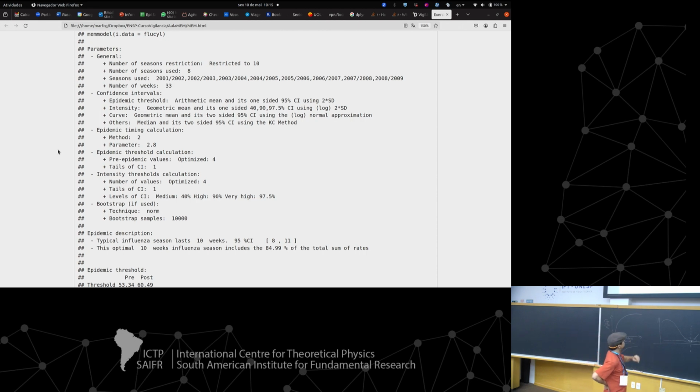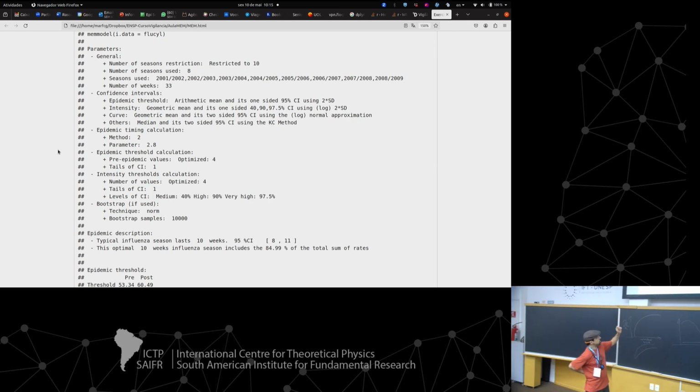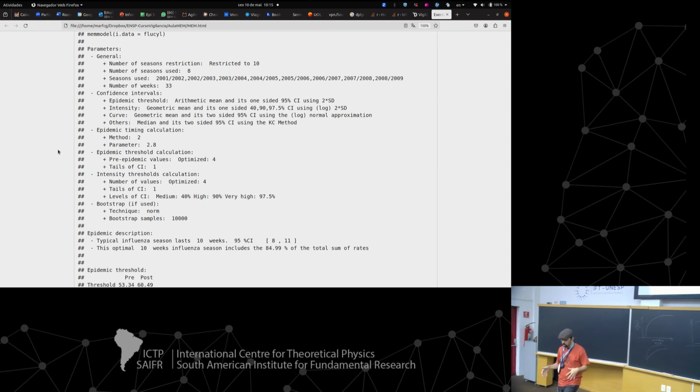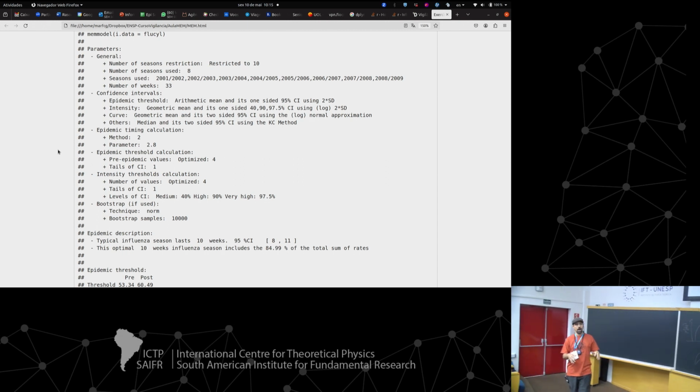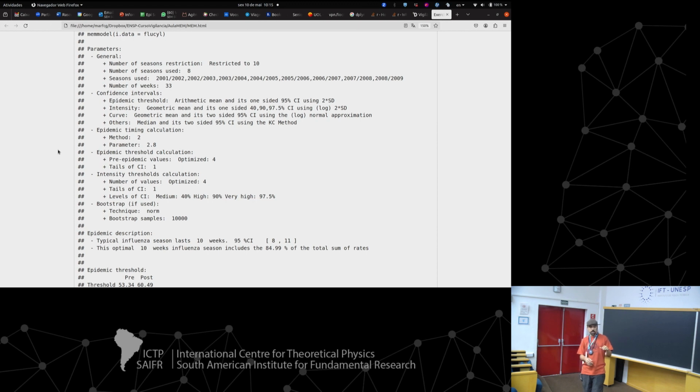Now, for at least some of the parameters, you can also use a non-parametric approach. That is to say, well, I will not be assuming a uniform distribution or a log normal distribution or whatever, which would be the case for the geometric mean.